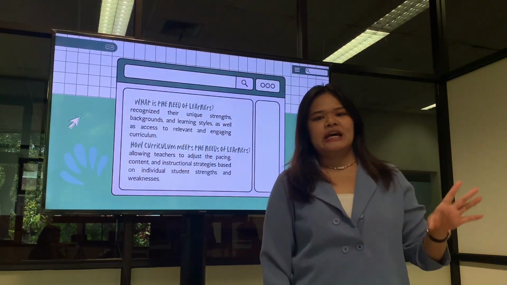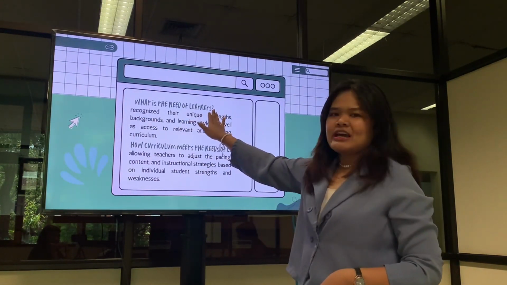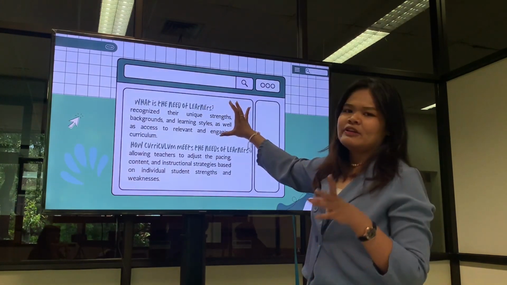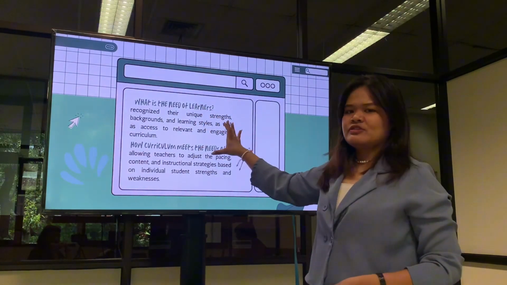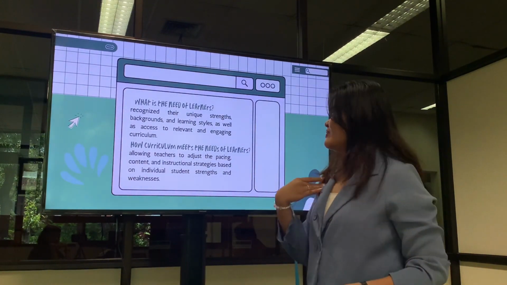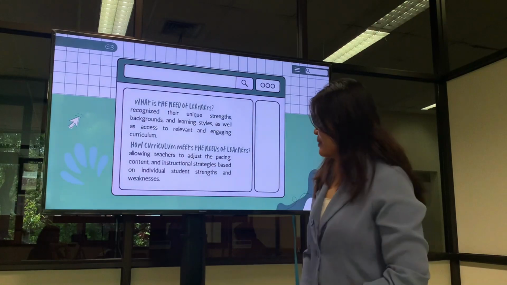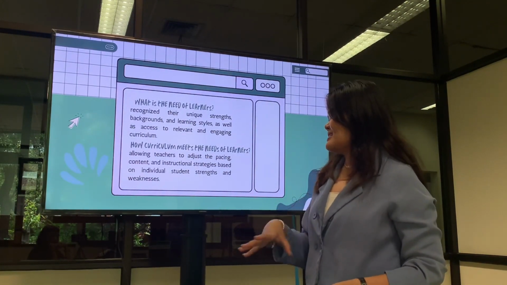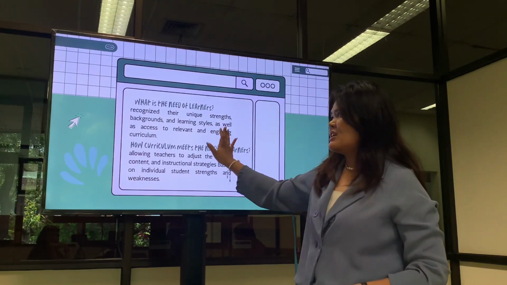I have mentioned the needs of learners, and this is the part where we can figure out what those needs are. The needs of learners are about recognizing their unique strengths, backgrounds, and learning styles, as well as access to relevant and engaging curriculum.